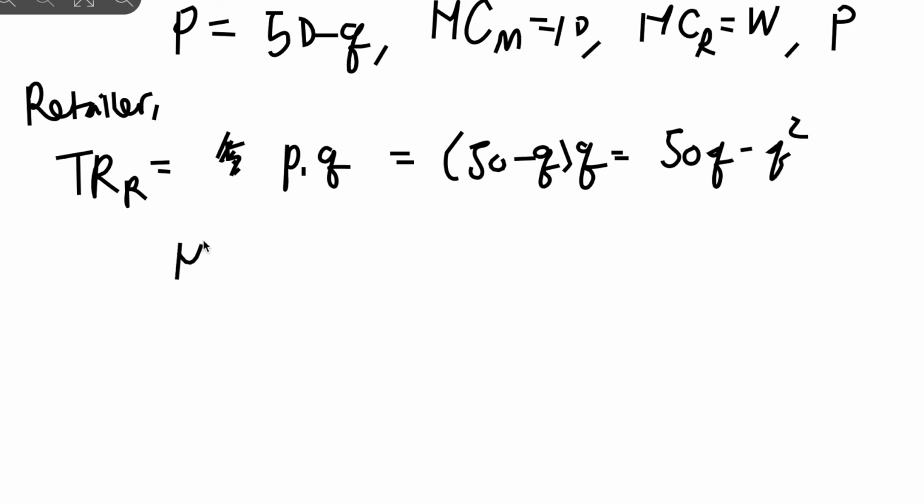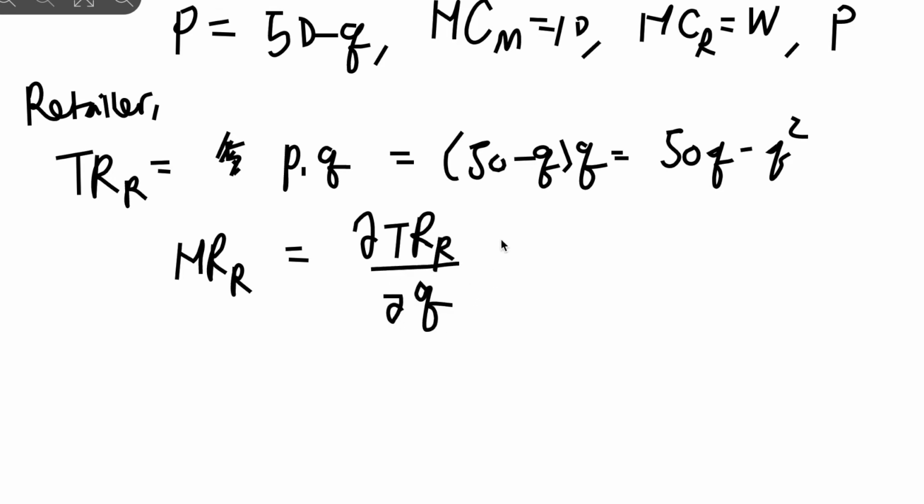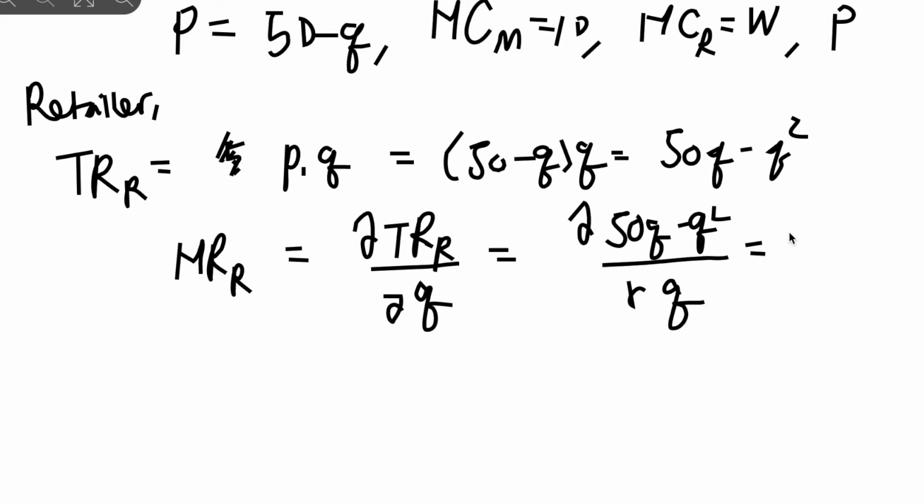We want to get the marginal revenue of the retailer, which equals the partial derivative of the total revenue of the retailer with respect to quantity. The derivative of 50Q minus Q square with respect to Q gives 50 minus 2Q as the marginal revenue of the retailer.